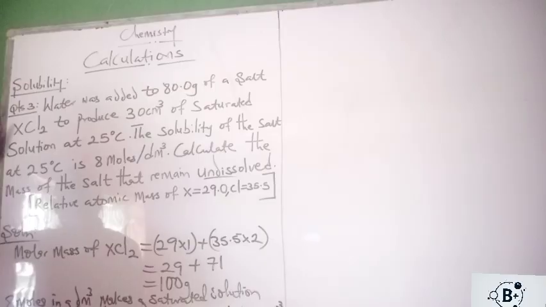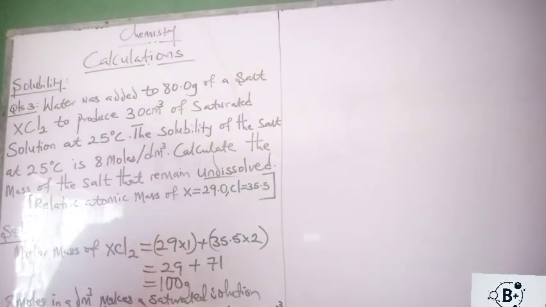So that means that for every 8 moles, it means 800 grams of SCl2 dissolves in 1000 cm³.